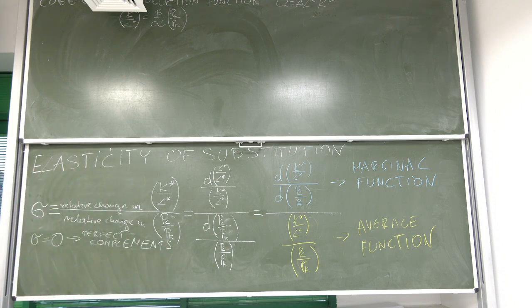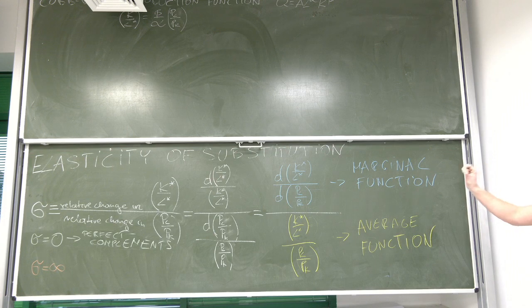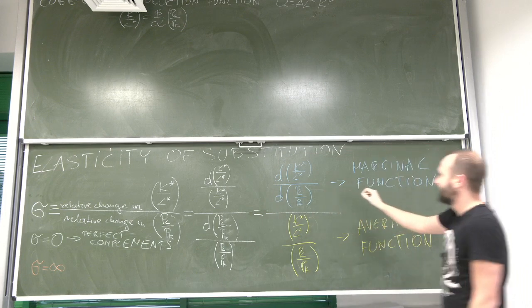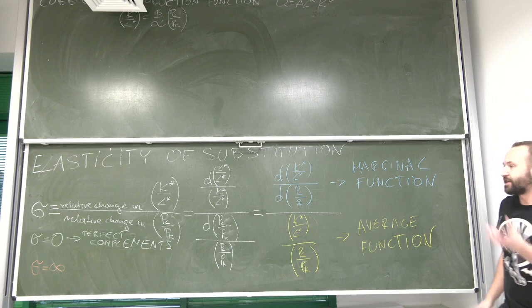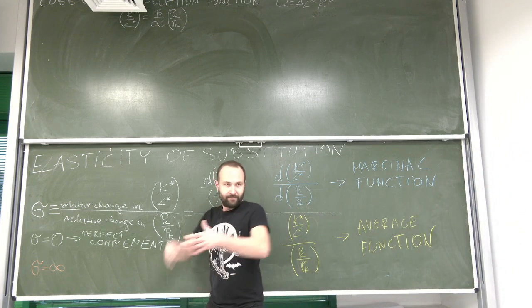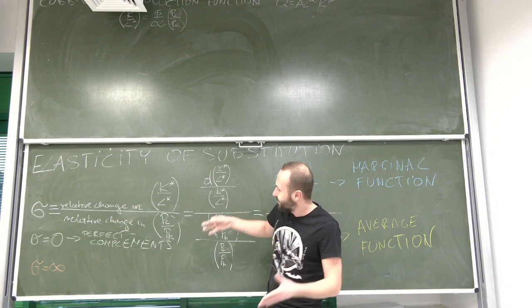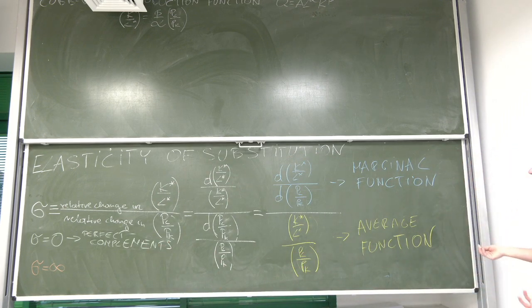Okay, so let's see the other corner. What would happen if this elasticity were infinite? That would mean that if the price ratio changes by even a very, very tiny amount, it's going to completely change the capital to labor ratio. As we can conclude, if on one corner we've got perfect complements, most likely on the other corner we're going to have perfect substitutes. And this makes perfect sense in this context.